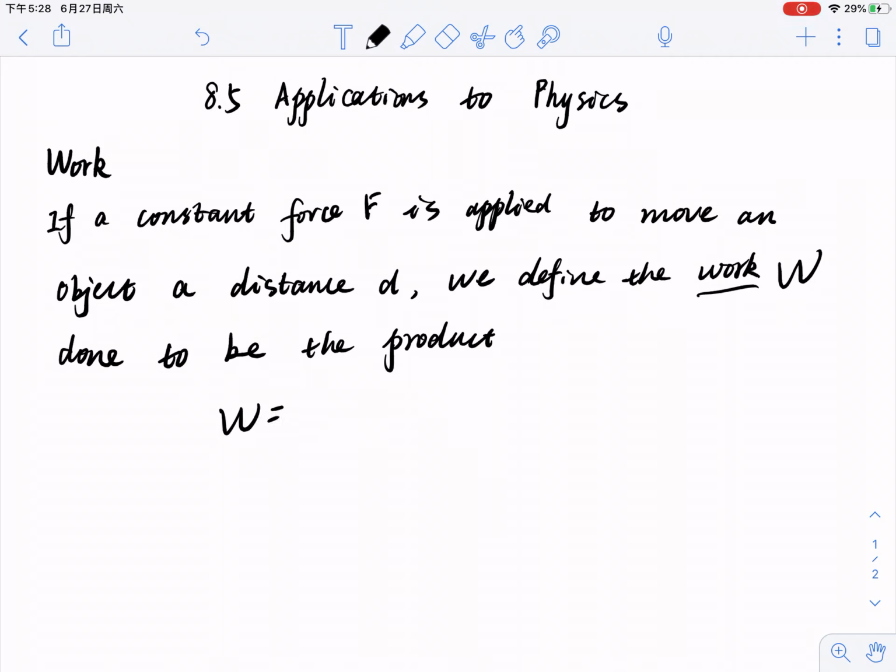W is F times d. So work done is equal to force times distance.